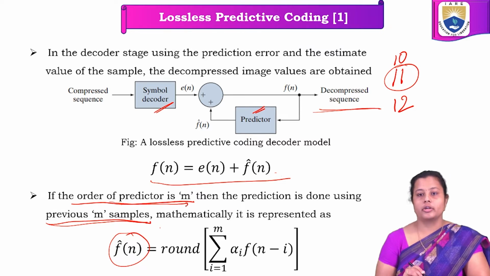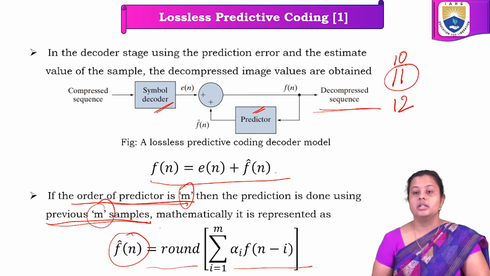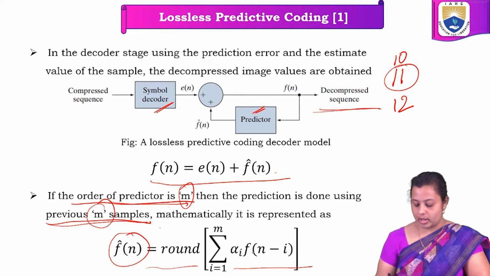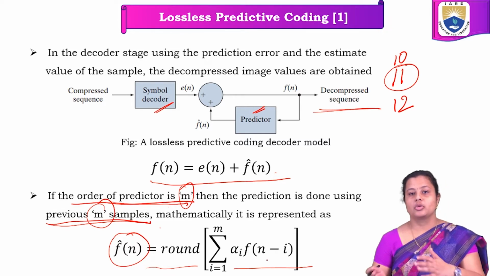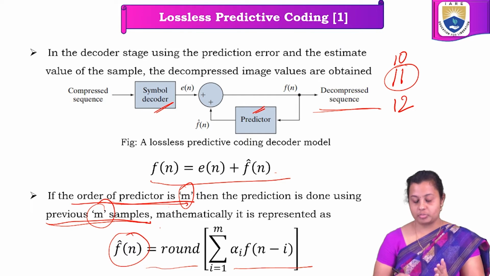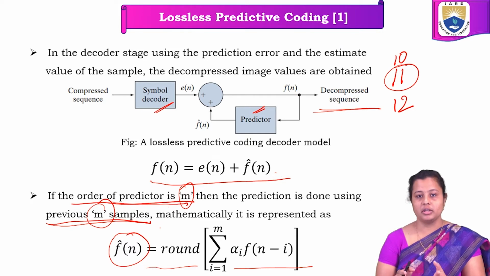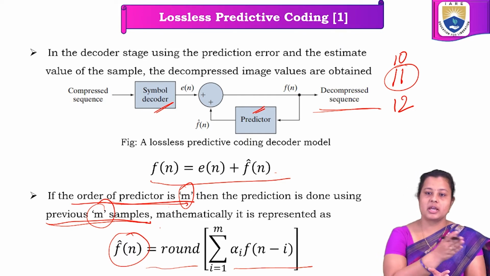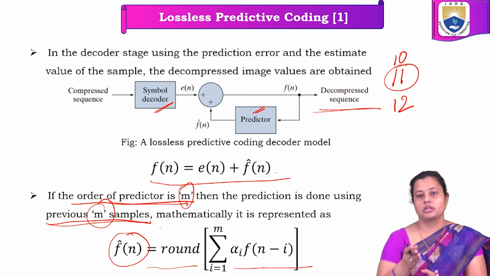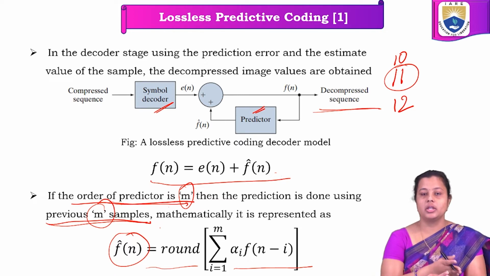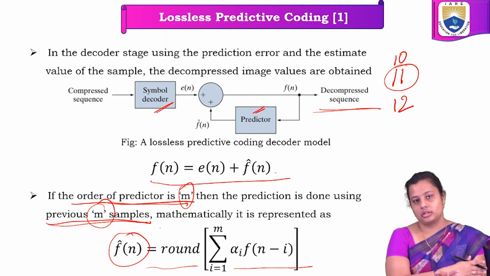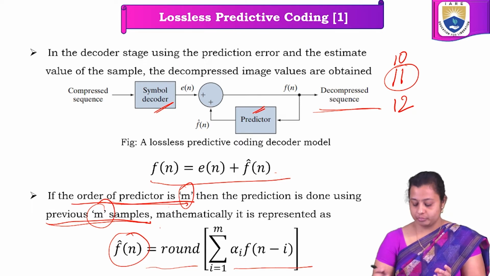This is a predictor of order m, and it can be written mathematically in this form. Considering the present to be f of n, my previous m values are f of n minus 1, n minus 2, and so on till n minus m.